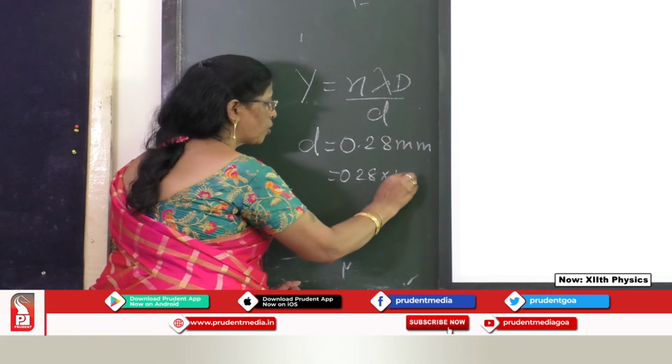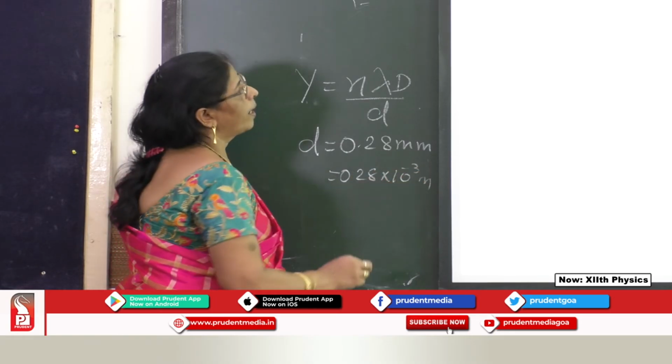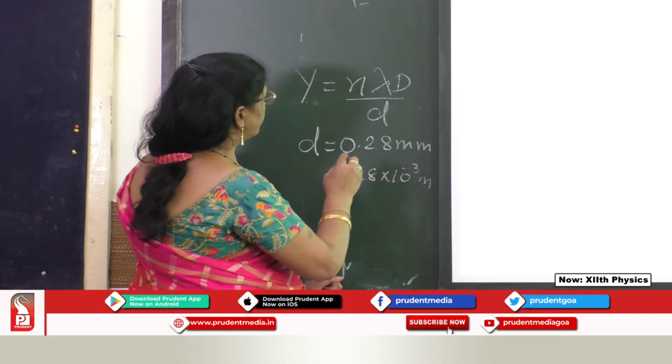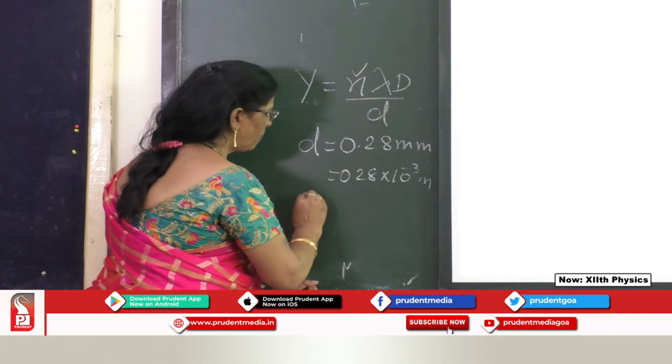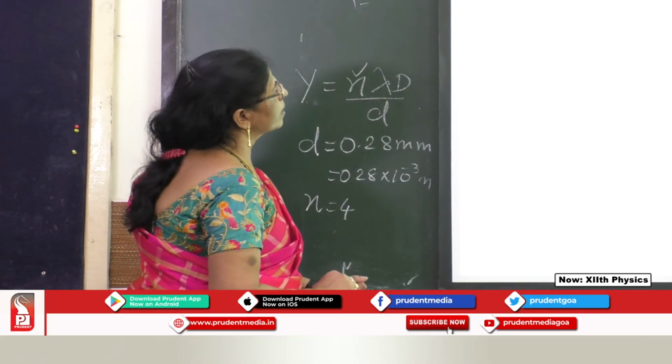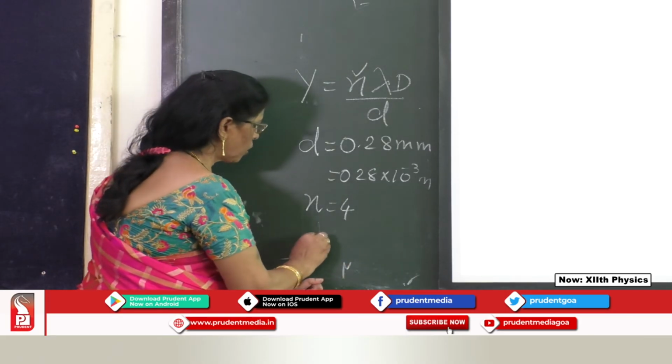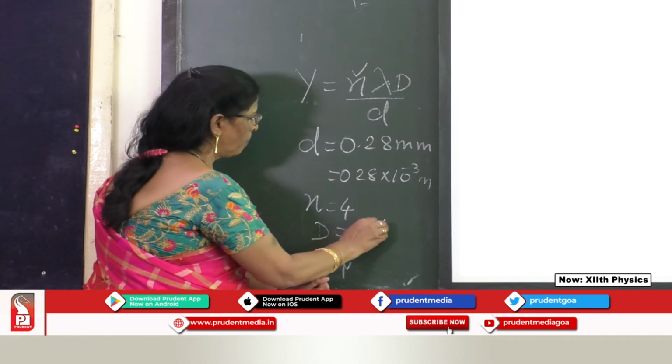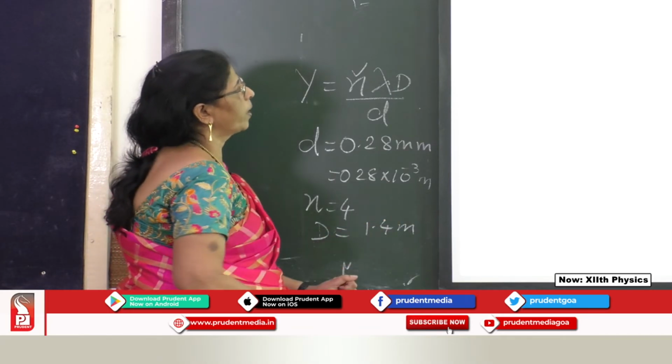28 into 10 raised to minus 3. And what else is given? The number is the fourth bright fringe, n is equal to 4. Screen is placed, what is the distance? 1.4 meter away.